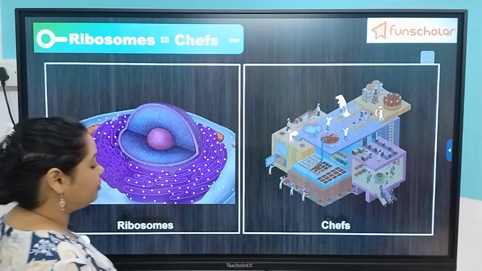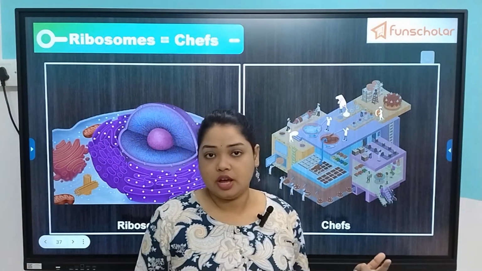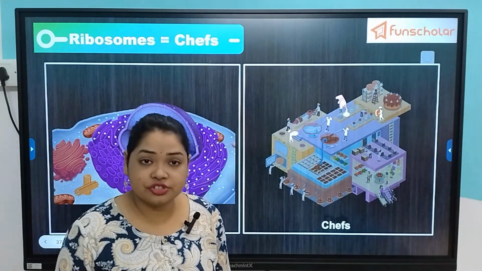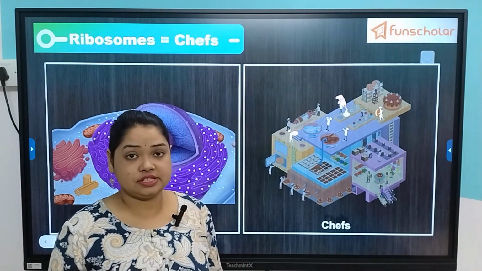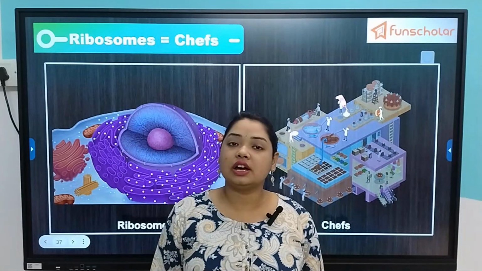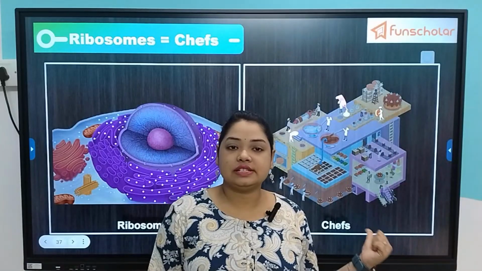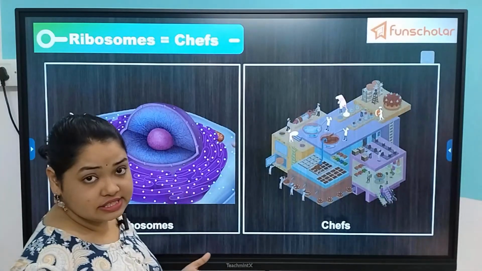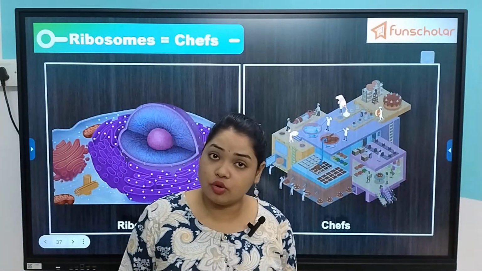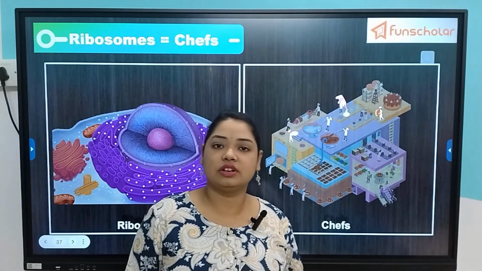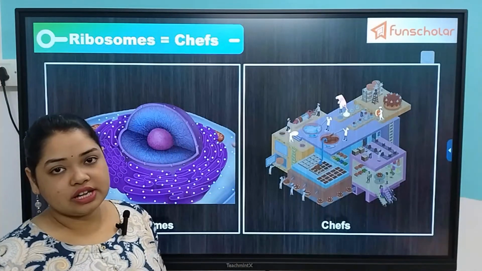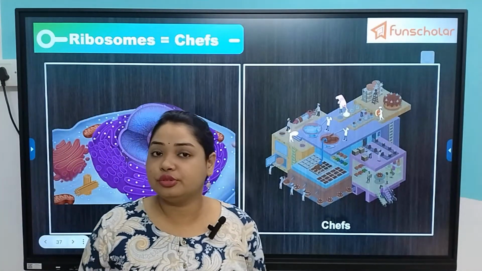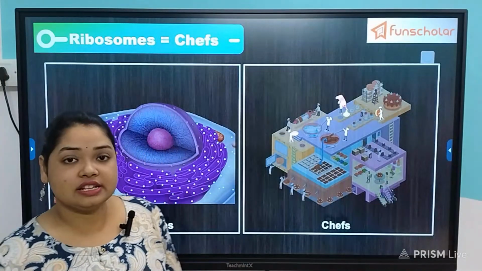Ribosomes can be compared to the chefs in the chocolate factory, because just like chefs who do the manufacturing or production process according to the recipe written in the recipe book, ribosomes also produce proteins according to the genetic code which is present in the nucleus. So in the nucleus, the recipe is there, and ribosomes are the chefs who produce the proteins according to that instruction.